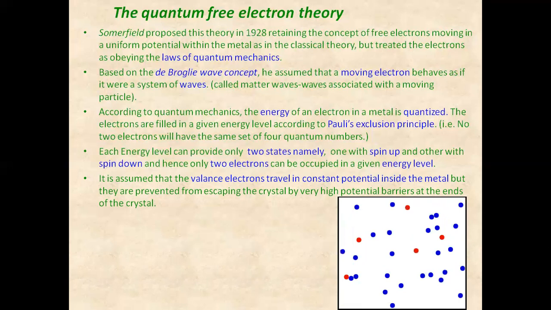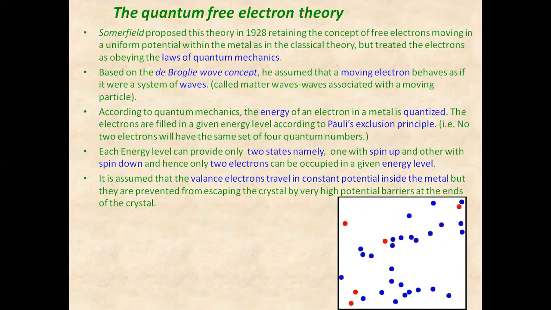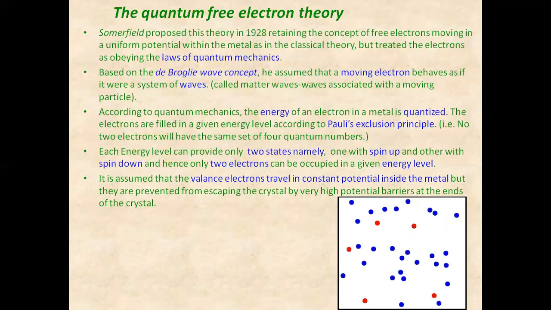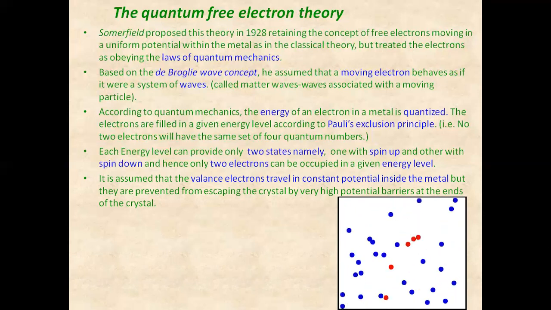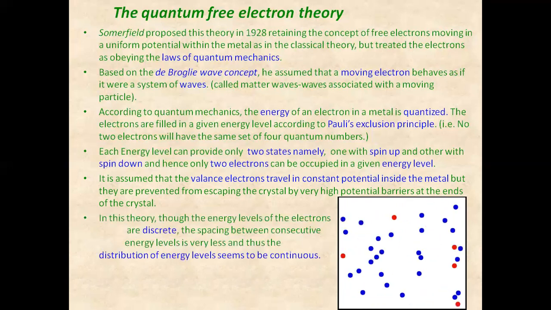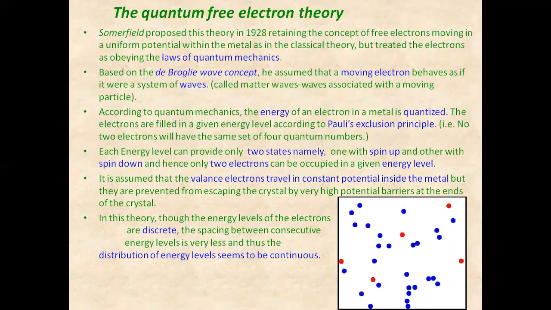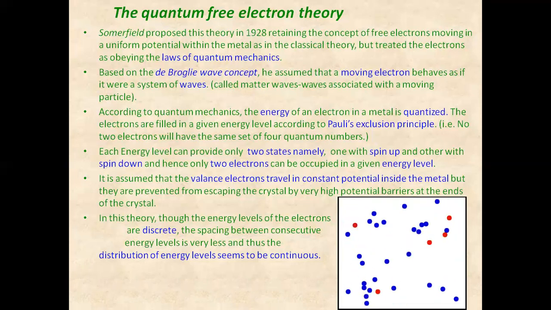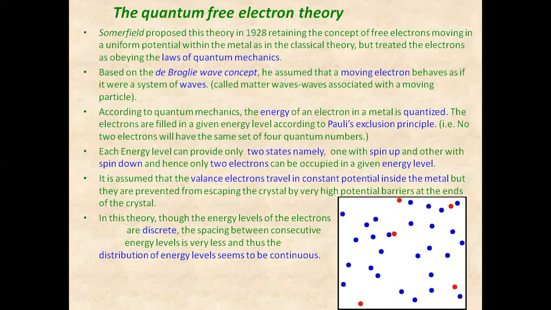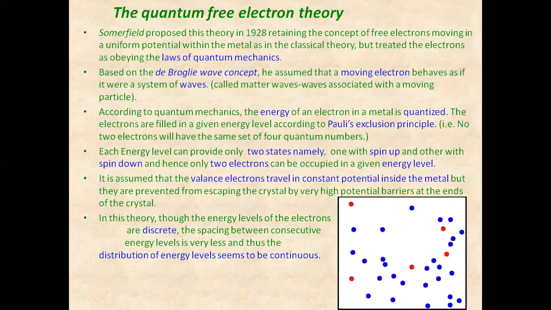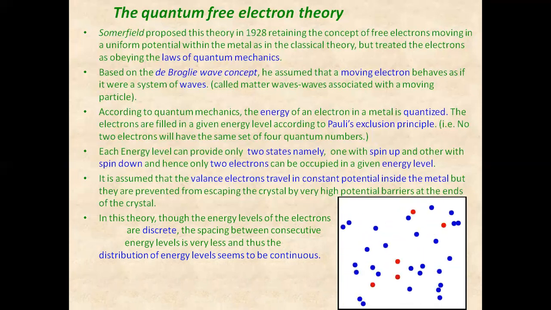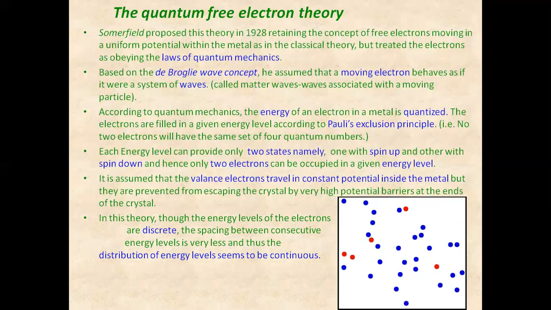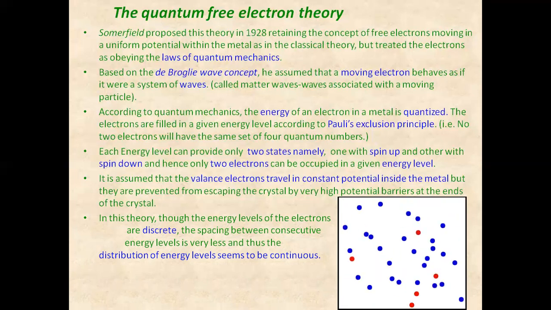In this theory, though the energy levels of the electrons are discrete, the spacing between consecutive energy levels is very small, and thus the distribution of energy levels seems to be continuous.